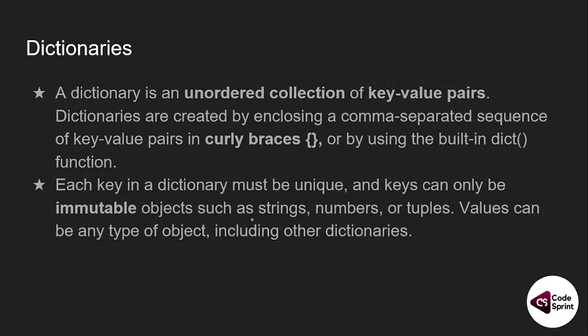And afterwards, we have the dictionary. A dictionary is again an unordered collection of key-value pairs. Here is a catch: it stores the data in key-value pairs. Like we have a key, afterwards we have a data or a value, then again separated by commas, then key, data, and so on.